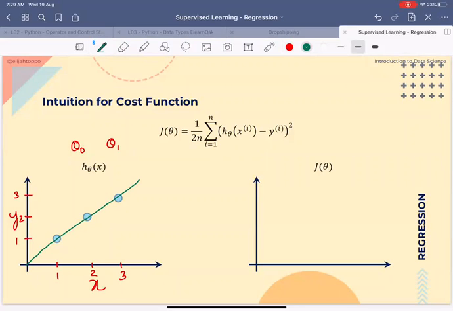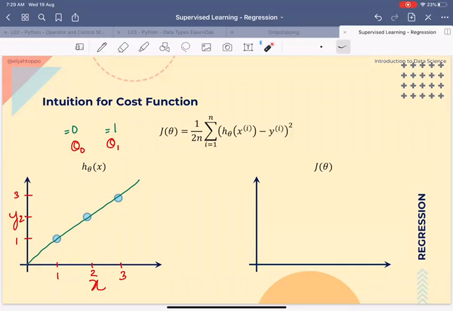Theta 0 should be 0, and theta 1 should be 1. Excellent. So this is the line that I can fit with theta 0 and theta 1. Theta 0 as 0 ensures that we are going from the origin, and theta 1 equal to 1 ensures that if I go 1 unit in x, I get 1 unit in y, 2 units in x, I get 2 units in y, and so on.